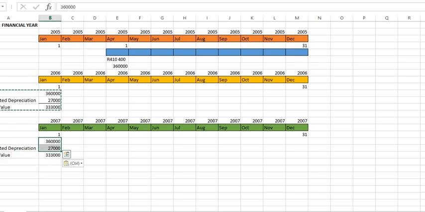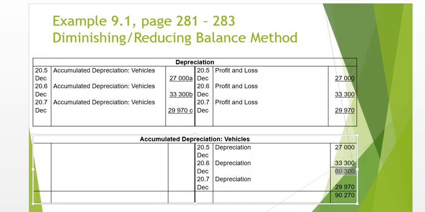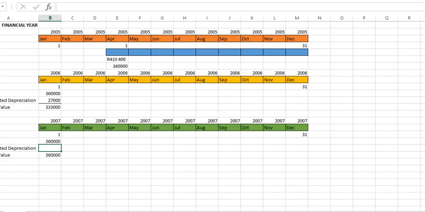Our carrying value is our cost price of 360,000 Rand less our total accumulated depreciation as at the end of 2006, the 31st of December 2006, which is 60,300. So that means our carrying value at the beginning of 2007 is 299,700 Rand, and that we will then depreciate for 12 out of 12 months.